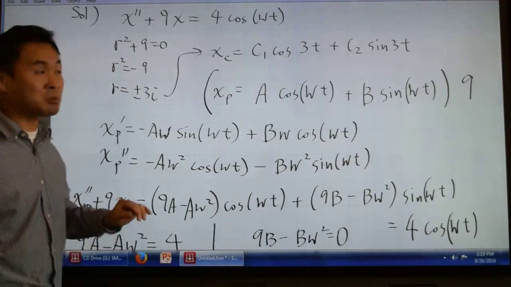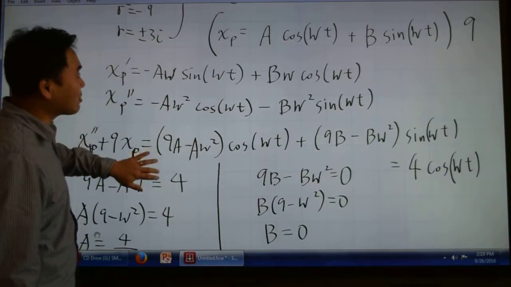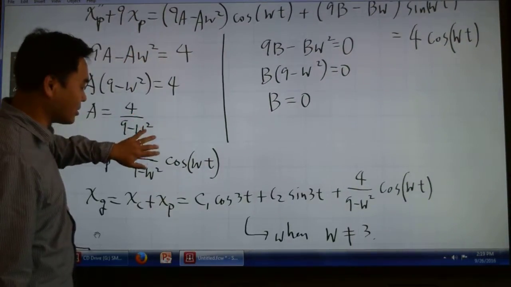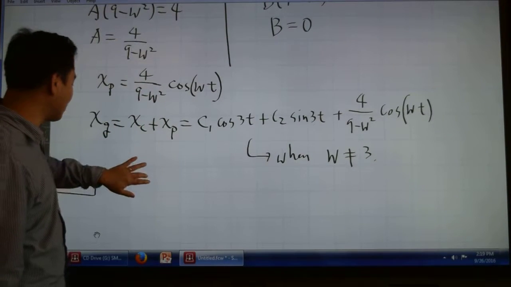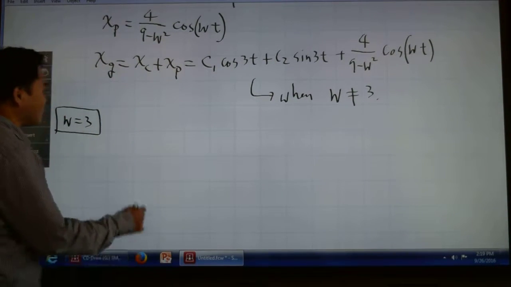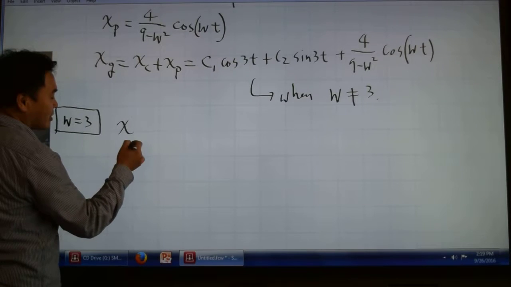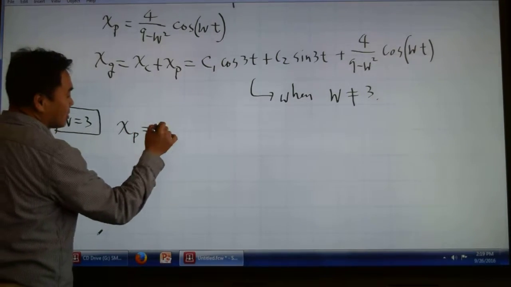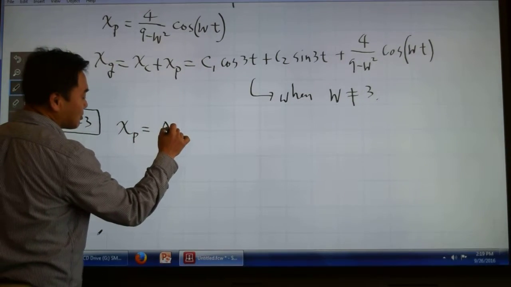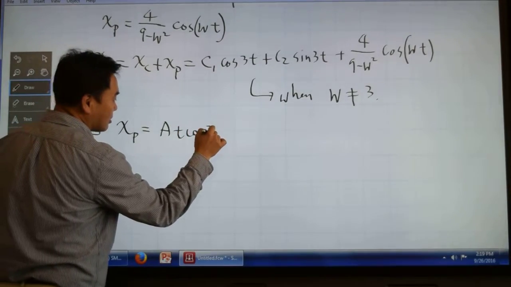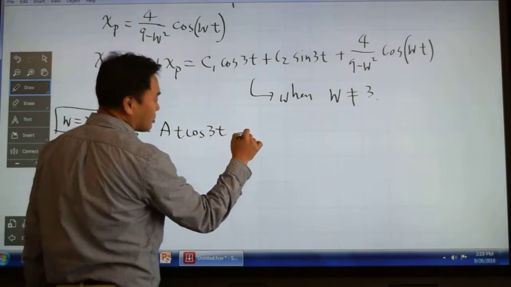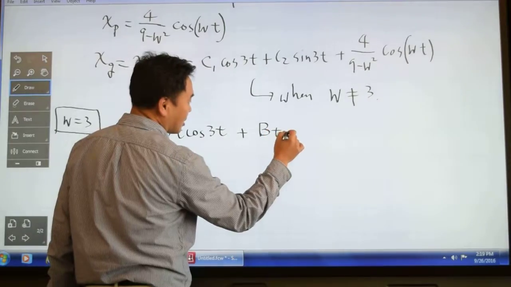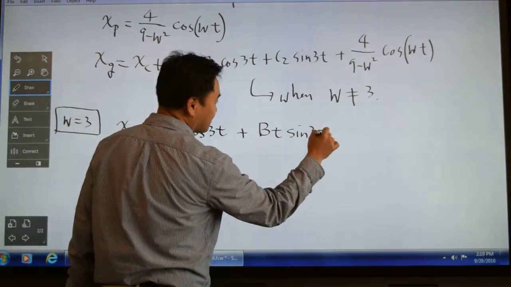We have to avoid duplication that way. So that's a whole different calculation. This is the case when w is not equal to 3. But when w is 3, then we have to go back and say xp is A times t times cosine 3t plus B times t times sine 3t.